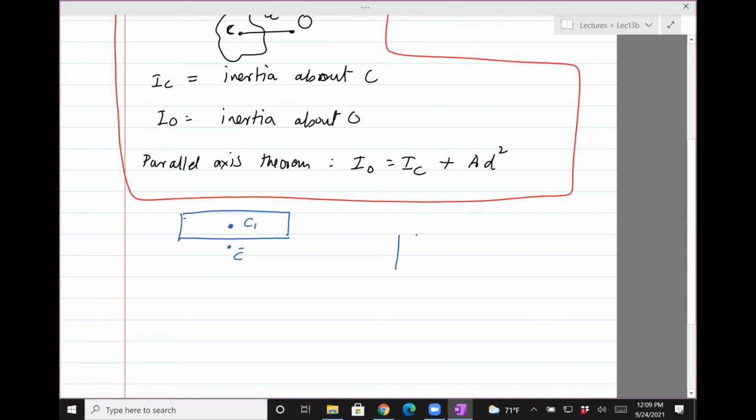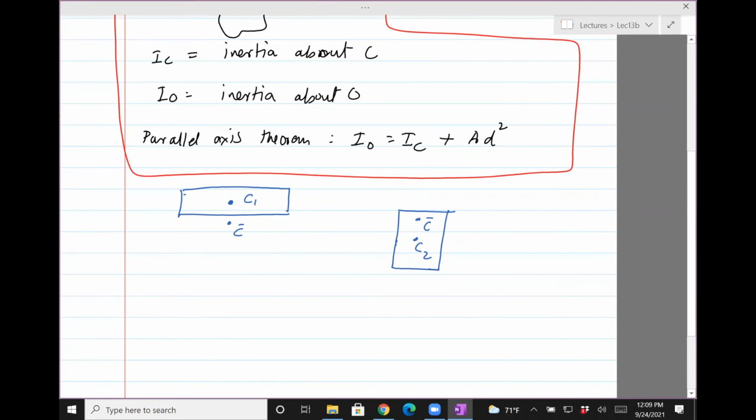And then we have the bottom part, its inertia about C2, which is its centroid, and then inertia about C bar. So we can say that I C bar equals, let me put the dimensions there for you.